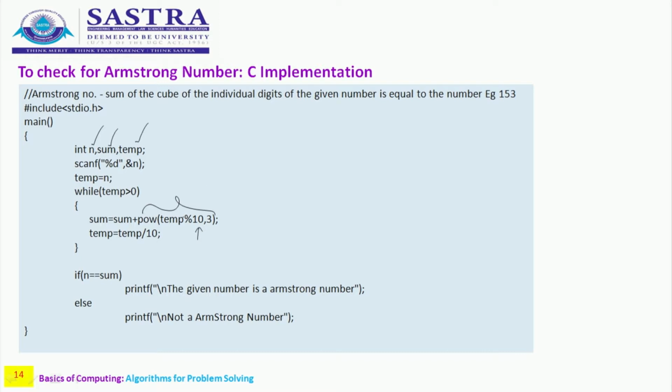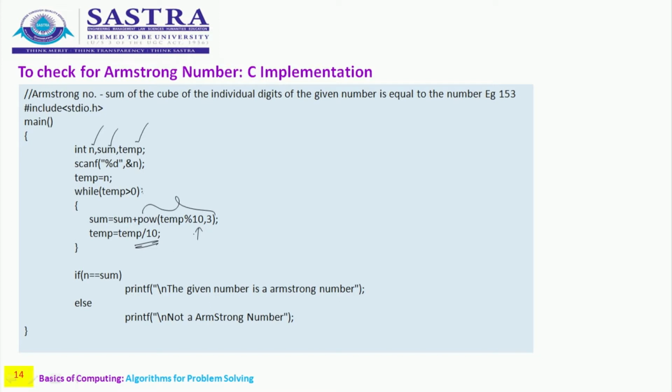With that operation, we are adding that to the sum, and for the next iteration, the next digit has to be retrieved. For that, we are dividing temp as temp / 10, and then you have to check this time whether temp is greater than 0. Until we reach 0, the operation will be performed.